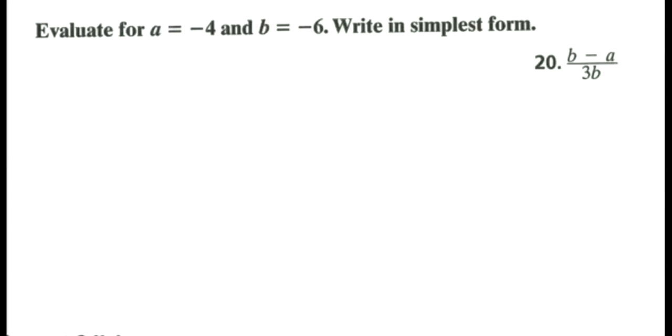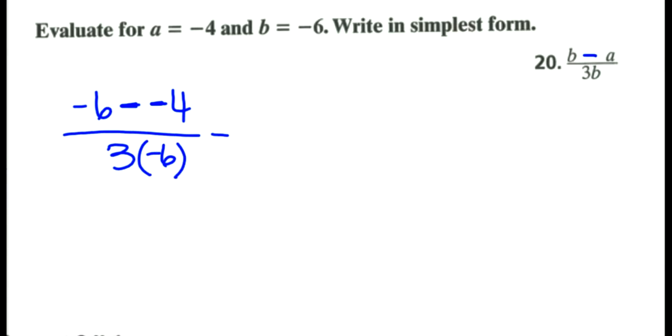Last one, -4 and -6 for A and B. My B value is -6. My A value is -4. Do you notice that this is subtraction, and I also had to make sure I had my negative. So I have my subtraction and my -4, and I have 3 times -6. So if my integer hill is not positive, I need to change integer hill to be positive, and the guy to the right is a SPI.